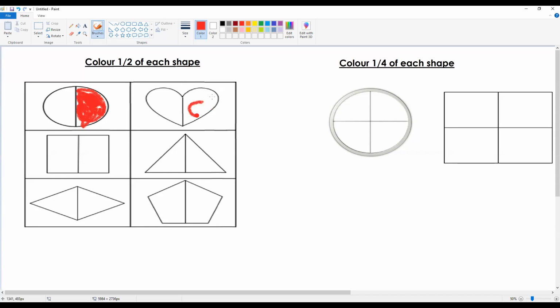That is half of a circle, half of a heart, half of a triangle, half of a rectangle, half of a diamond, and half of a pentagon.